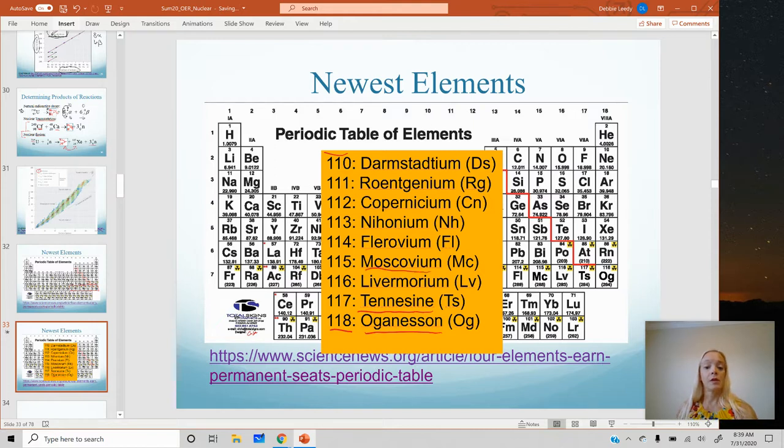What other one? Moscovium from Moscow, of course. Darmstadtium from Darmstadt, Germany. And others in here are named after scientists, except for Livermorium, after the Livermore Research Lab. So, a little interesting tidbit about the development and naming of new elements.